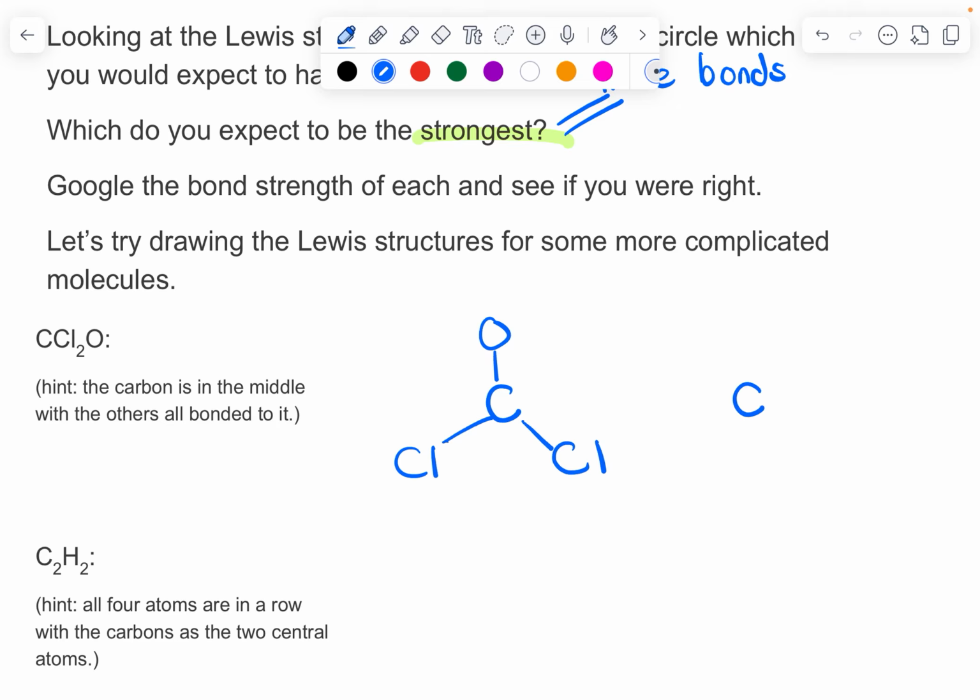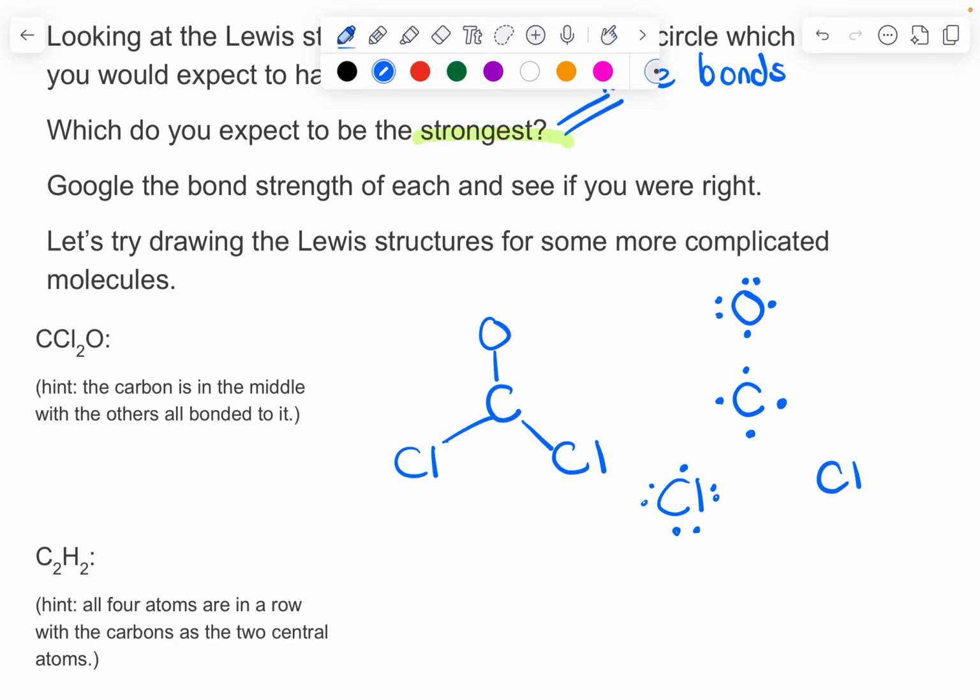But you should still start by drawing each element with its correct valence electrons and don't rely on the bonds that I give you, because you don't actually know if those are double or triple or single bonds. What I'm telling you is how each atom is bonded to each other.